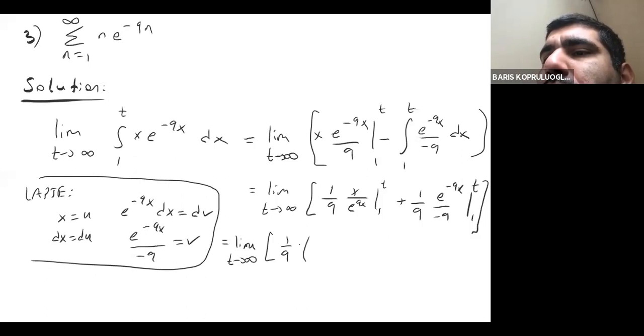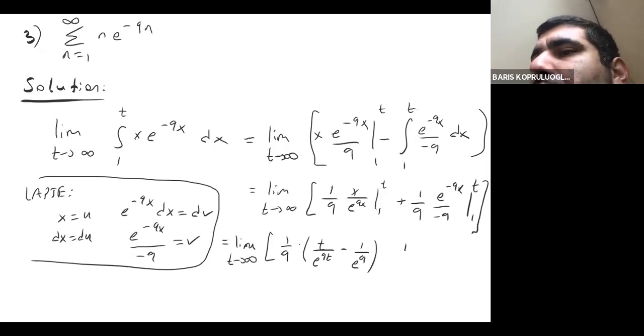Times t over e to the power of 9t, minus 1 over e to the power of 9, plus, maybe we should say minus, 1 over 81 times e to the power of 9t, minus e to the power of negative 9.